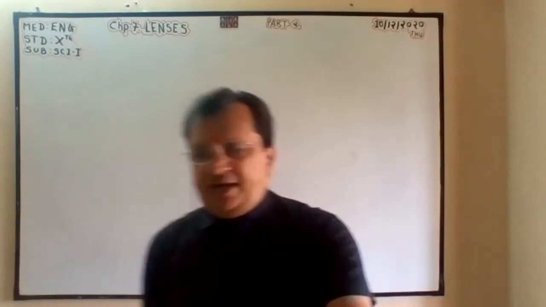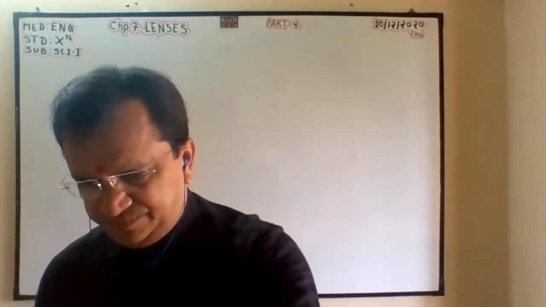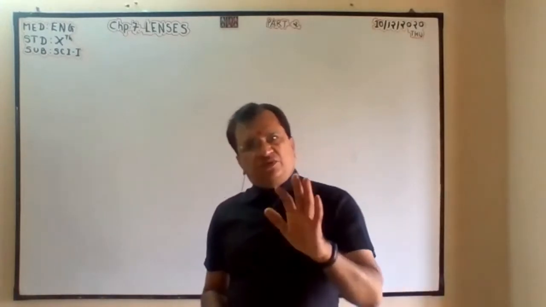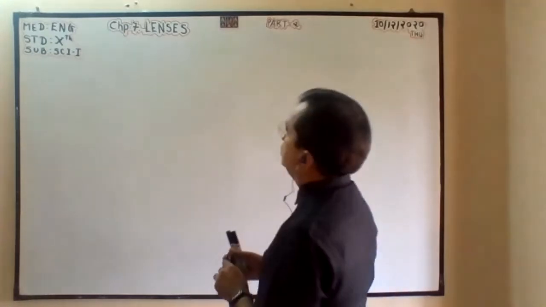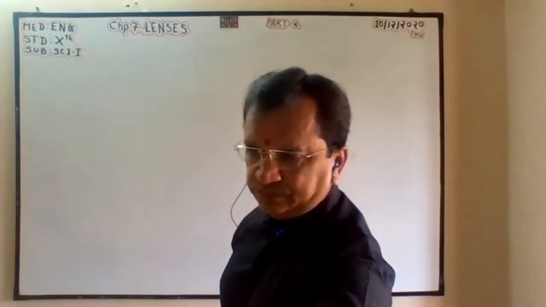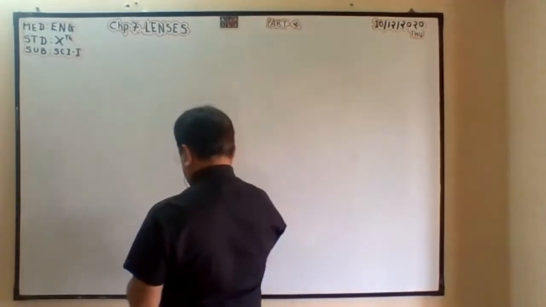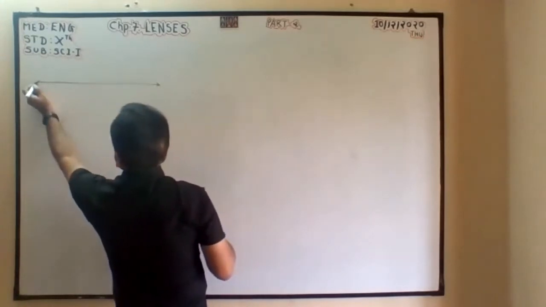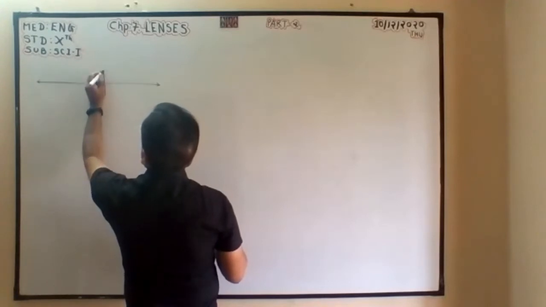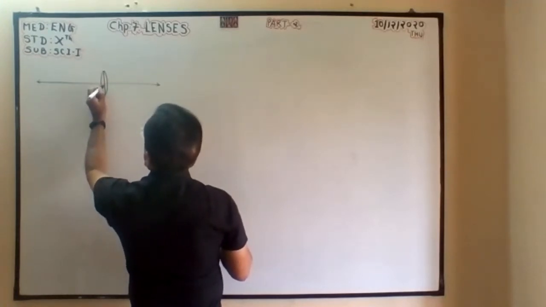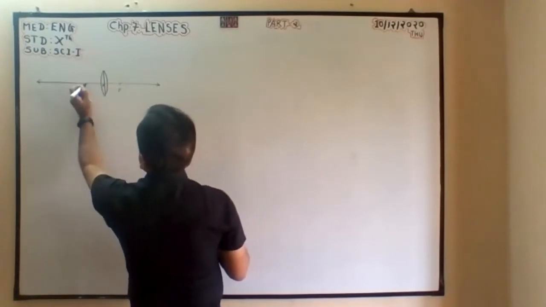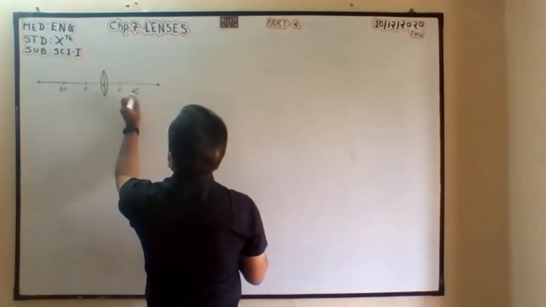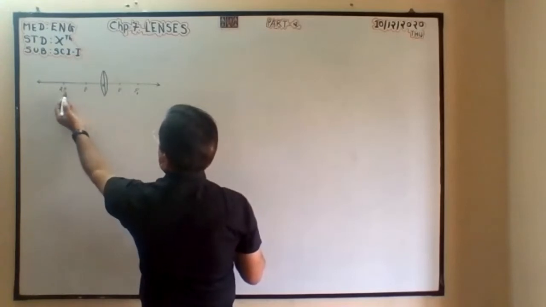So we will revise that point again, and then 3 very important formulas for numericals. In a sequence you have to remember: this is the lens, the optical center, the focal point on both sides, and the double distance of the focal point, meaning if it is 5, again 5, like that.